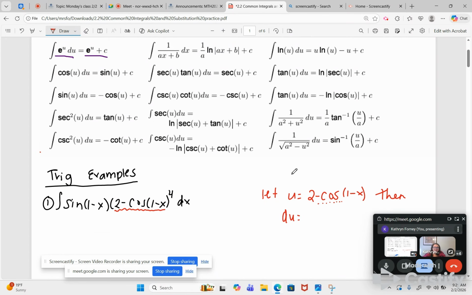Sine. So this is a negative cosine. So the antiderivative of that is going to be negative sine.